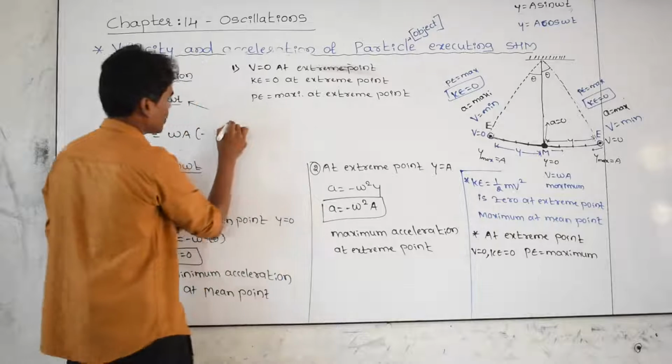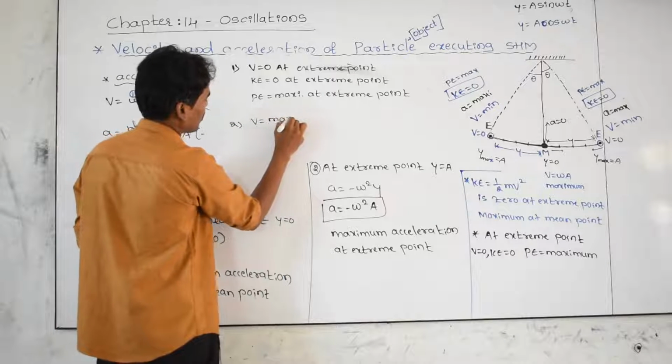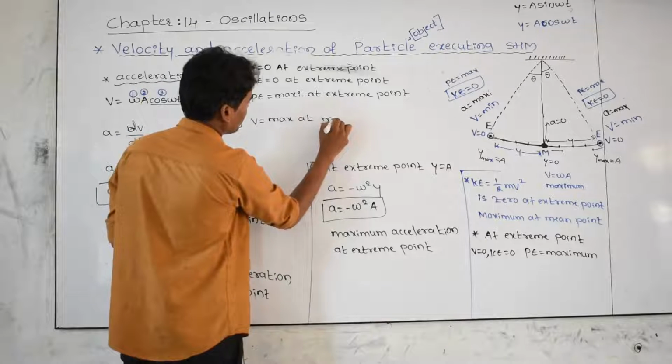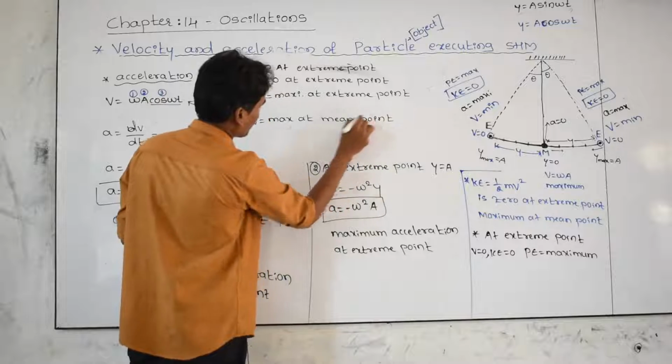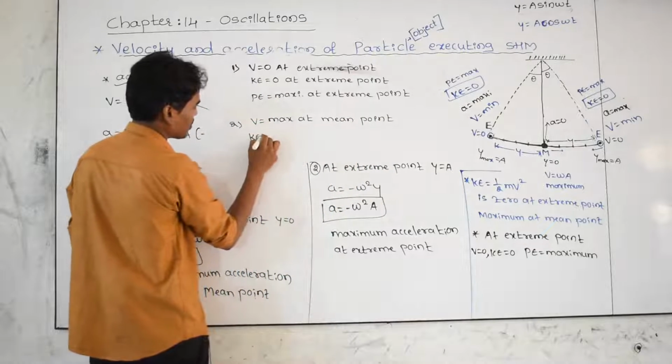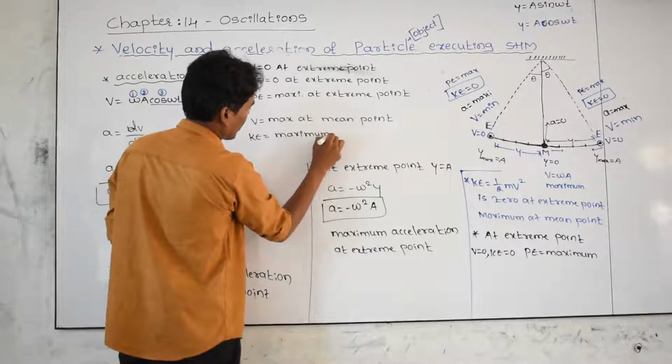And what is the second condition? That is velocity is equal to maximum at the mean point. The kinetic energy depends upon velocity. If the velocity is maximum, then kinetic energy is also maximum at the mean position.